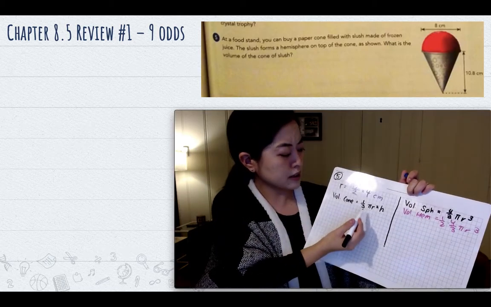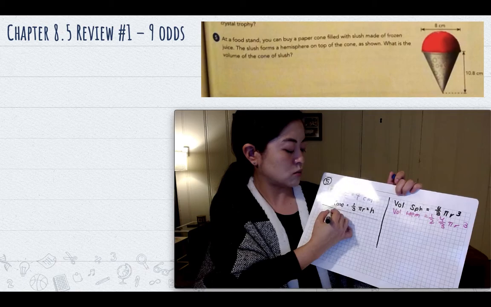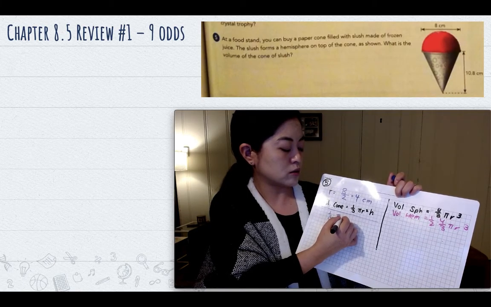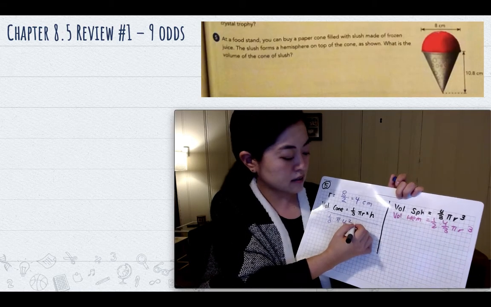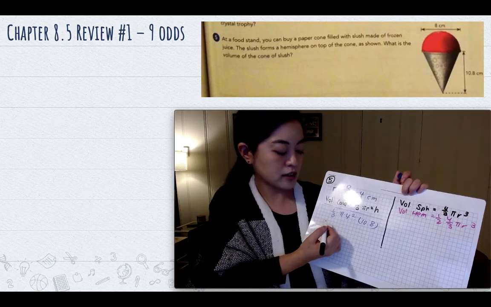We're going to input the values of what we were given. So it's 1/3 times pi, and then r was 4 squared times, and what is the height? It's 10.8 centimeters, okay?